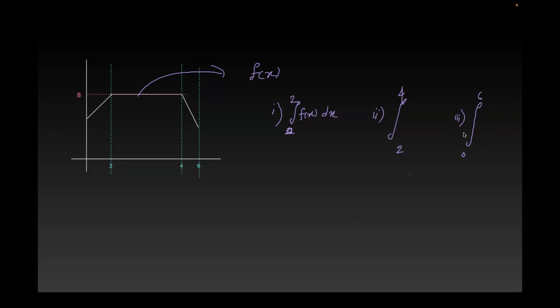Now, the first part, 0 to 2, which means not integration but the area under this. So what is this? The area of a trapezium. The area of a trapezium is half into base into the sum of two parallel sides.